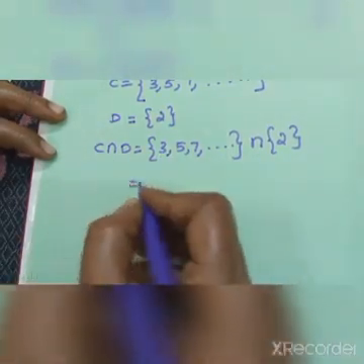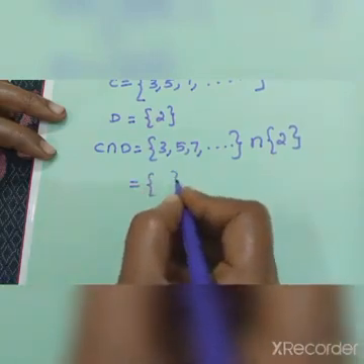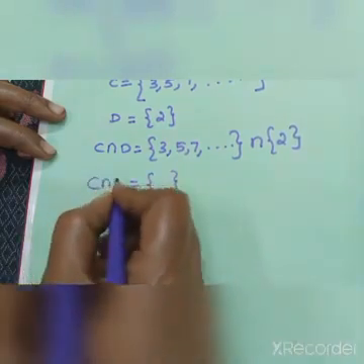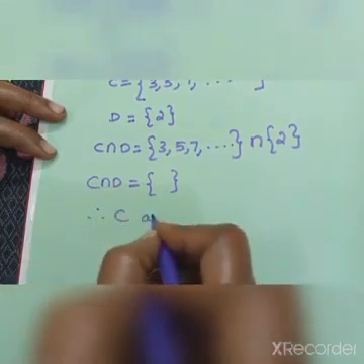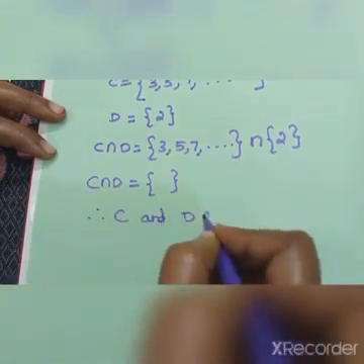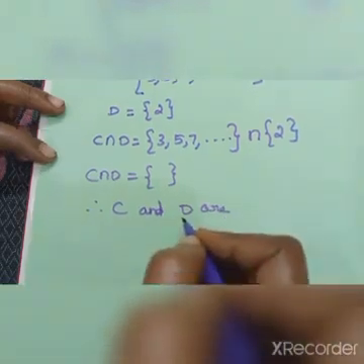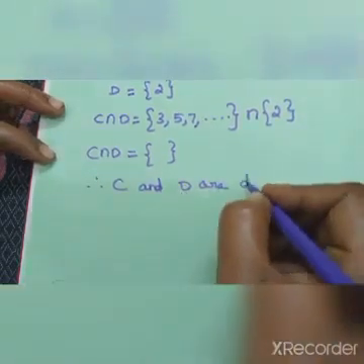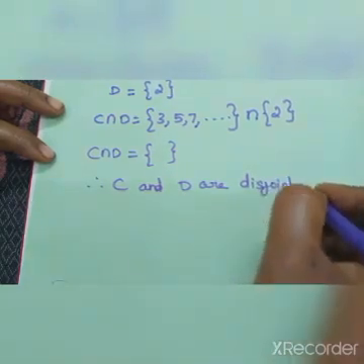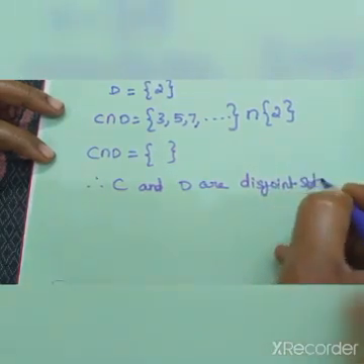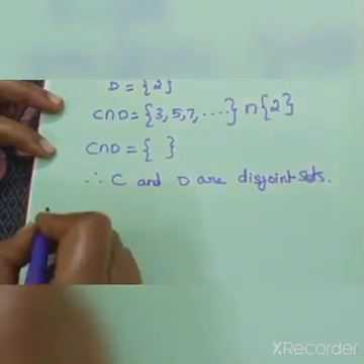No. Okay, so empty set. C intersection D is equal to empty set. Therefore C and D are, what answer do we have to write? Disjoint sets. Okay, no common elements, so disjoint sets.